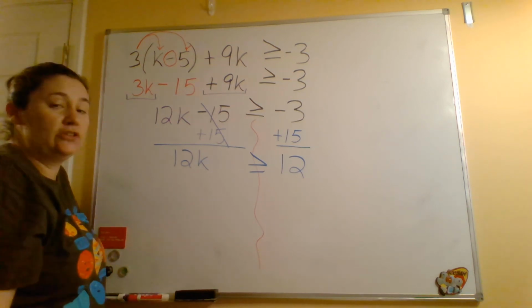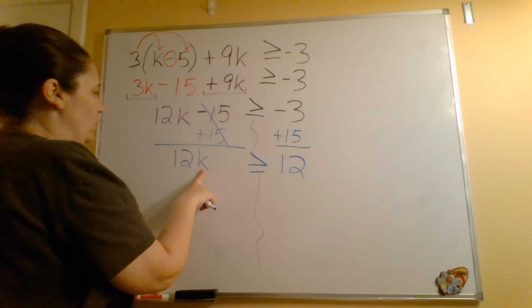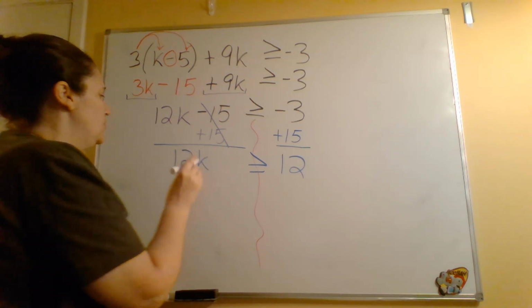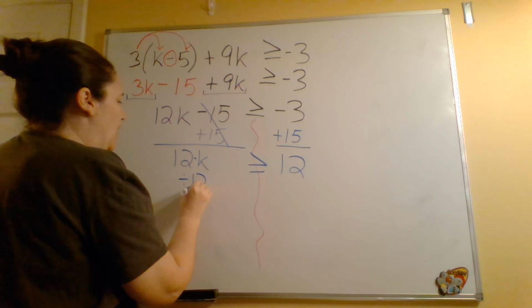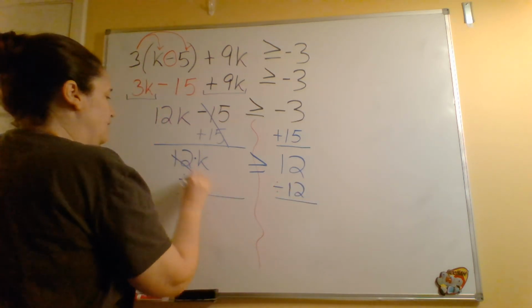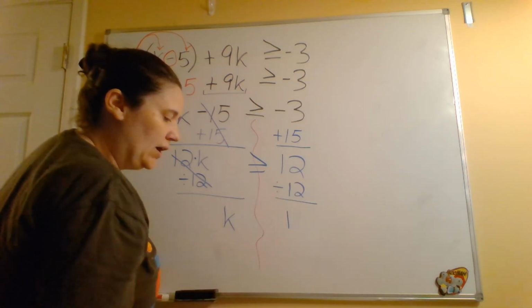You can check it on your calculator if you don't believe me. And then k is being multiplied by 12, so I need to divide by 12 and get k on the left, 1 on the right.